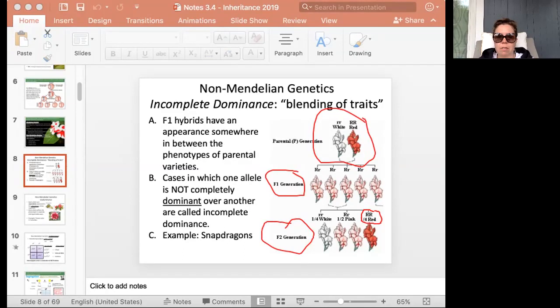We have a 50% chance of getting heterozygous, which is our incomplete dominant pink, and then a 25% chance of getting our homozygous recessive white. As you can see, this is different from normal inheritance, which is why we call it non-Mendelian genetics. Mendel was not aware of how all this worked, so he didn't see this. Okay, let's go on.